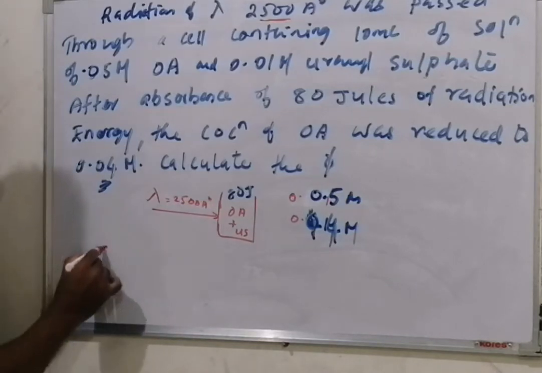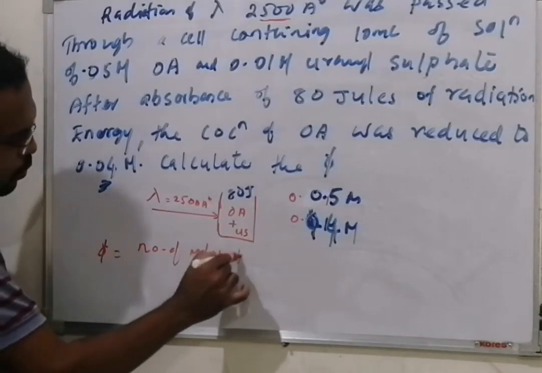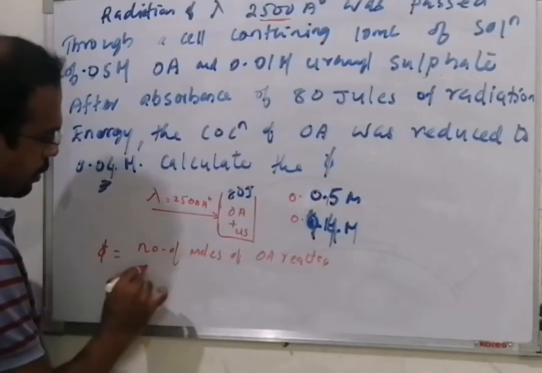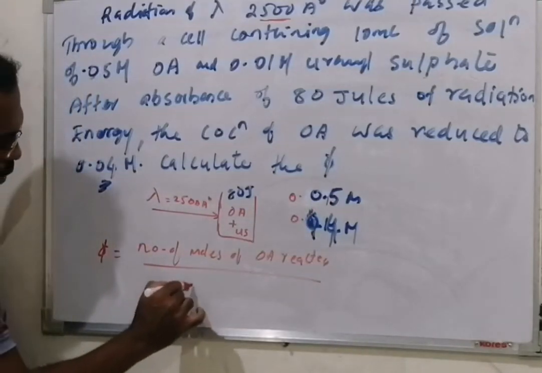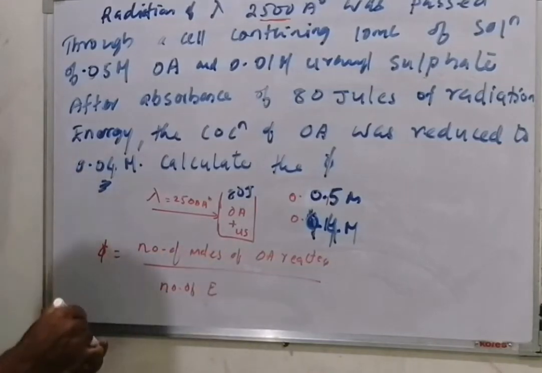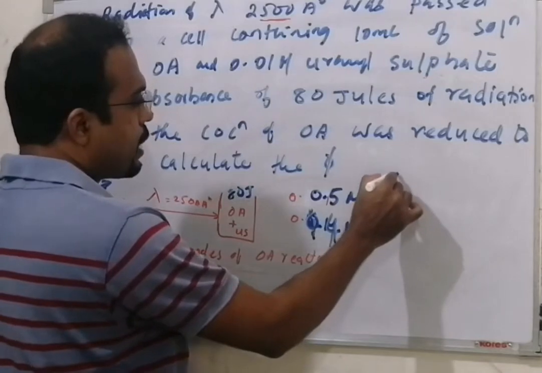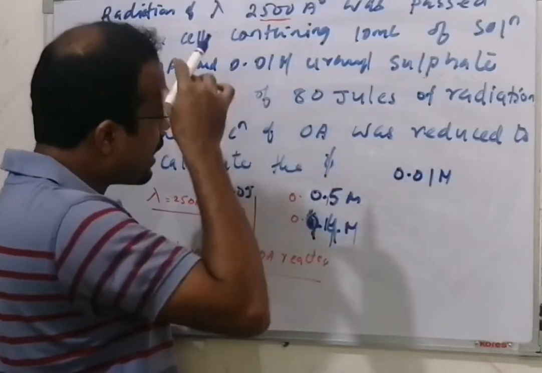The quantum yield is equal to the number of moles of oxalic acid reacted or decomposed divided by the number of Einstein. Let us discuss the number of moles of oxalic acid reacted. Therefore, the molarity of oxalic acid reacted is 0.01. This much molarity is reacted.